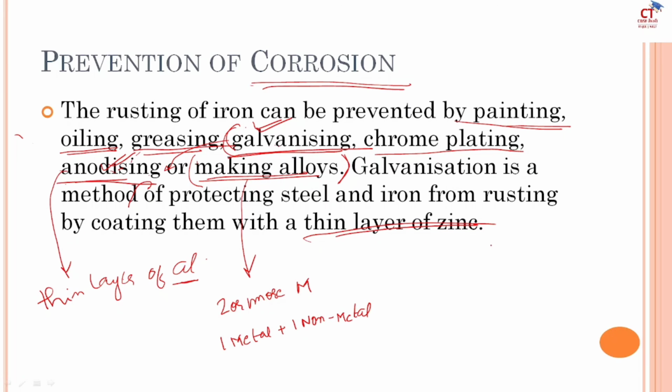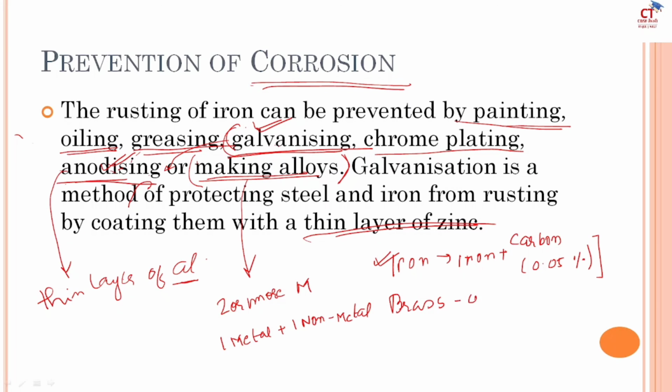An example is iron. When exposed to a humid atmosphere, it undergoes rusting. To prevent rusting, iron is mixed with carbon in a percentage of 0.05%. This is known as an alloy. Another example is brass.